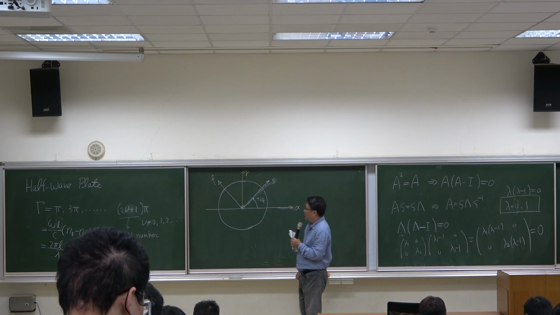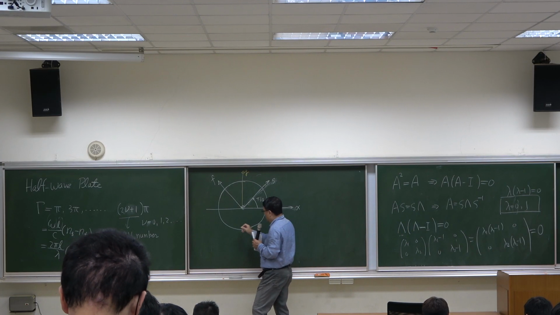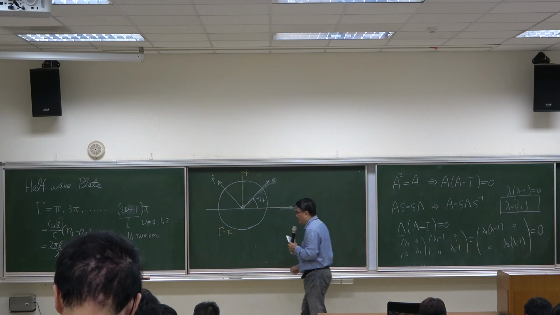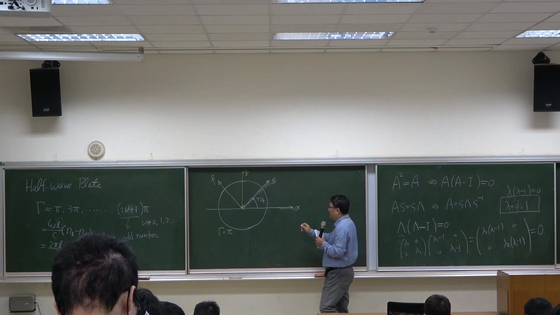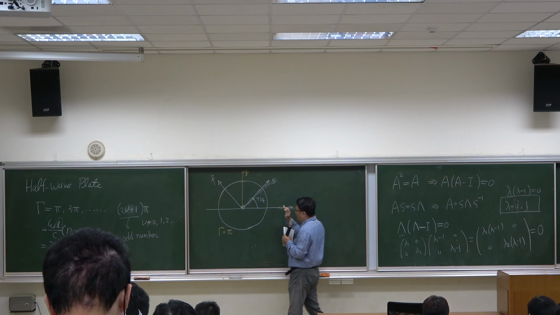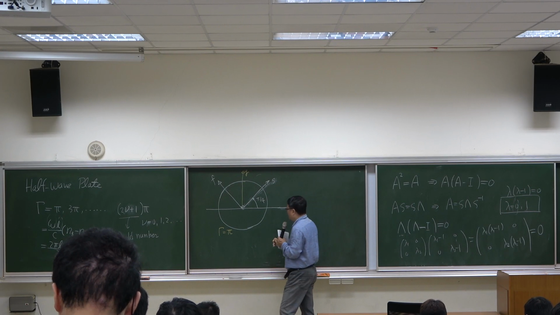And here gamma is equal to, say, pi. Then we want to find the resultant polarization after penetration through this waveplate.